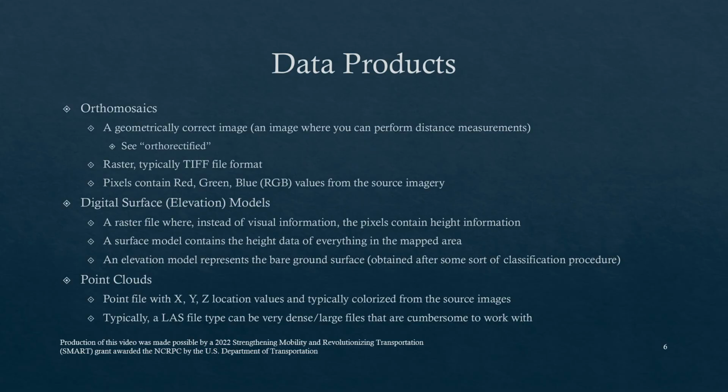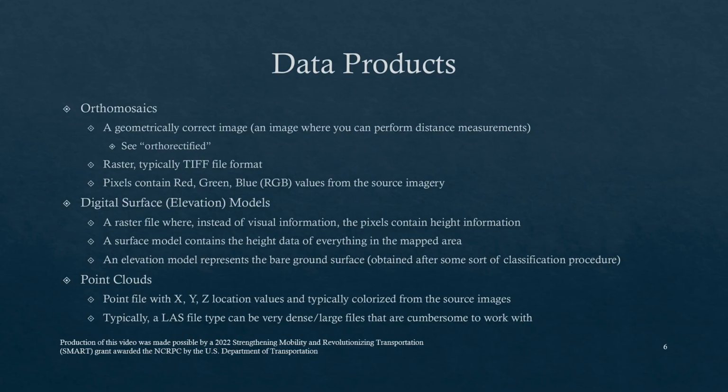In contrast, a digital surface or elevation model is a raster file where instead of visual information, it contains elevation or height information. And this distinction between surface models and elevation models is a surface model contains the height data of everything within that mapped area, versus an elevation model is something that you're able to generate after some filtering where you're removing objects, trees, buildings, things like that, to where then you're getting a bare ground surface.